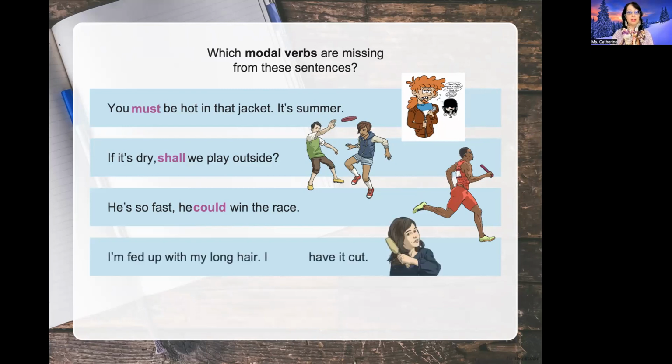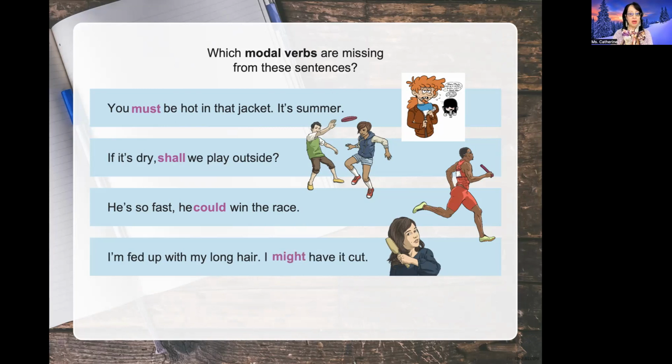I'm fed up with my long hair. I blank have it cut. Now, what does fed up mean? It means it's annoying. You don't want to take care of your long hair anymore. I might have it cut.